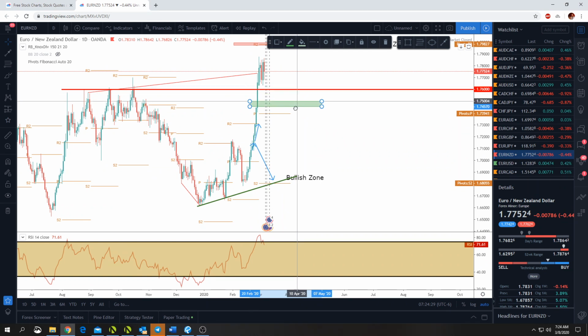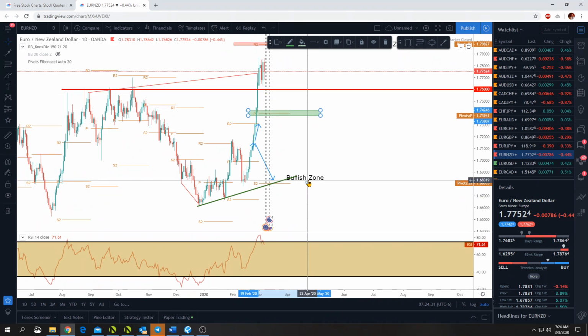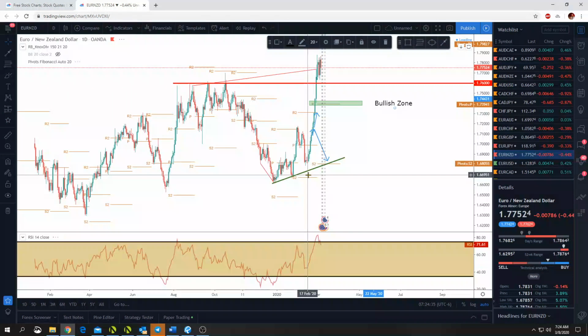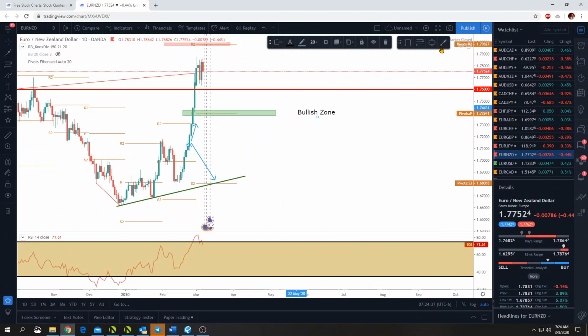But I kind of like this pivot, missed pivot as my bullish area. So we very well could see a little bit of a push there, and then I'm going to sell from there. But we might just see it come straight back down to this missed pivot. And that's where we'll buy.